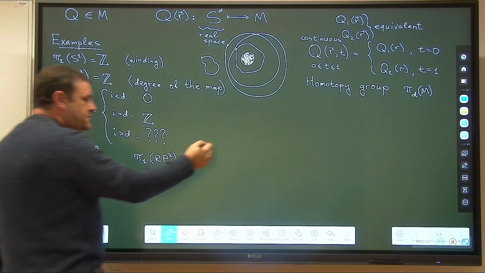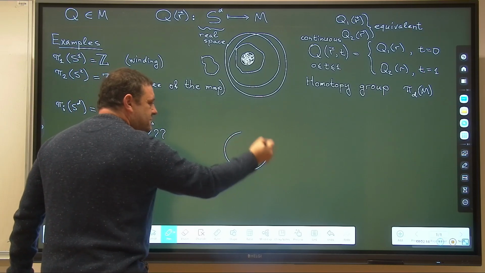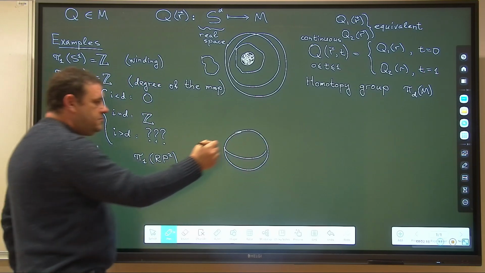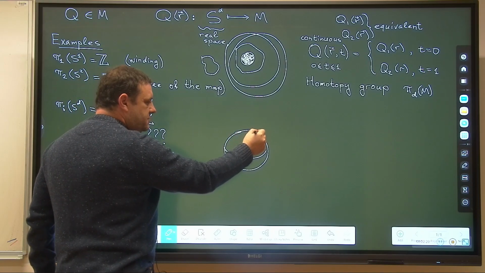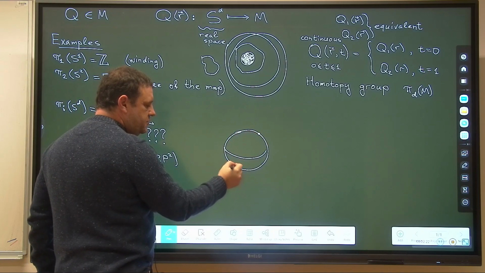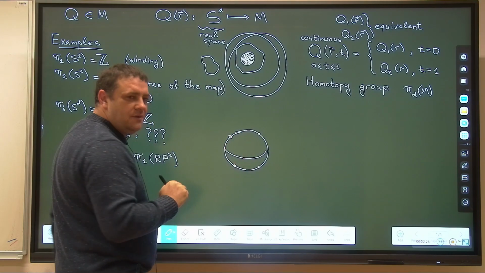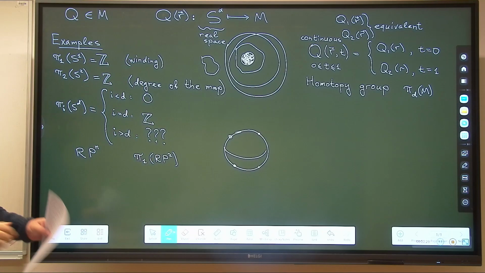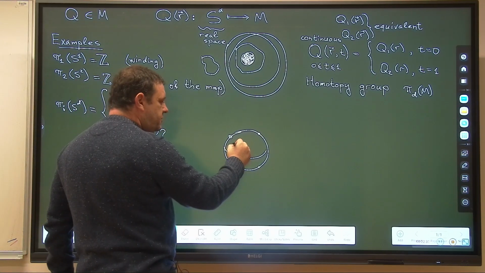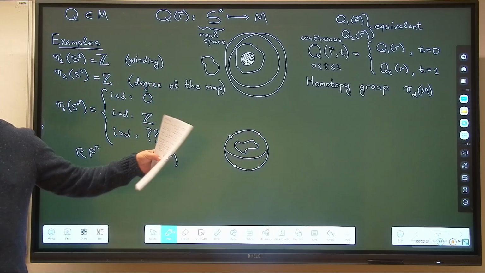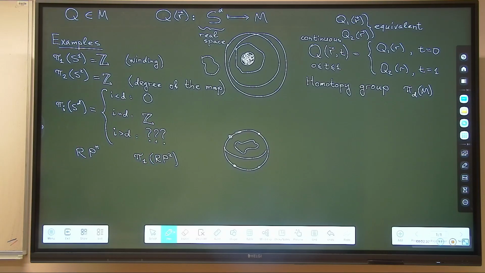So you can always draw it. This is a usual sphere, and this point is actually the same as this point, and this point is the same as this point, and so on. So, if I draw a loop here, this is my loop. Can you really shrink it to a single point continuously?